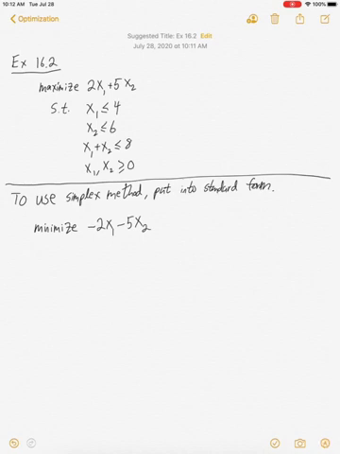Okay, so we want to minimize negative 2x1 minus 5x2, subject to some additional constraints. So the first constraint is that x1, let me maybe make a note as to how I'm doing this. So we changed maximize to minimize.